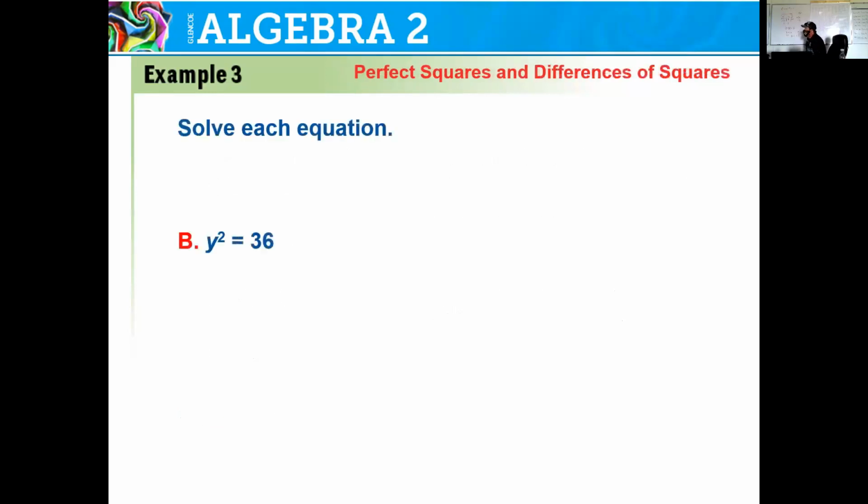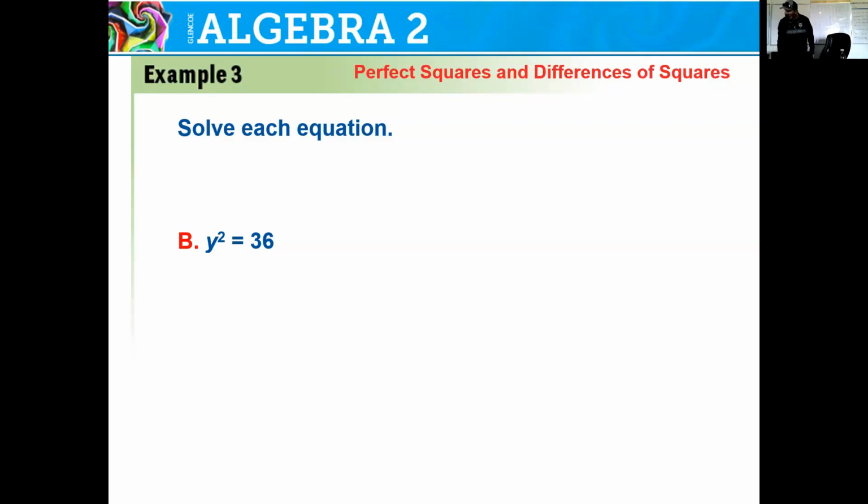All right, on this one, y squared is equal to 36. Okay, this one is going to turn into the difference of squares. But first I have to get it into standard form. I could solve this and take the square root and get plus or minus 6 as the value for y, but what fun would that be?